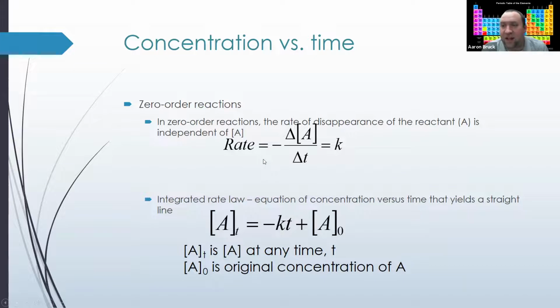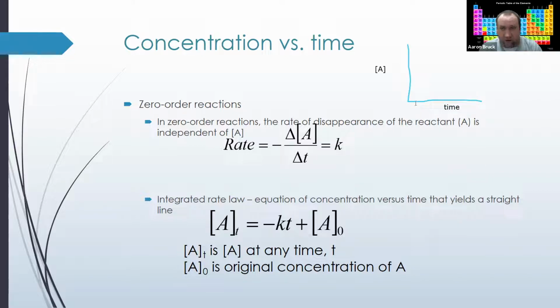Now, the other kind of technique that can be used to find the rate law is something called the integrated rate law. In the integrated rate law, what you end up doing is plotting a graph with the concentration of a substance, usually one of the reactants, on one axis and time in seconds or minutes on the other.